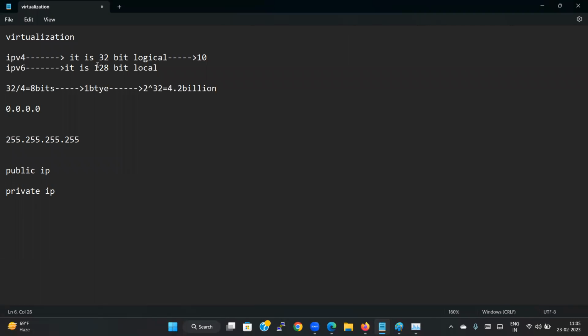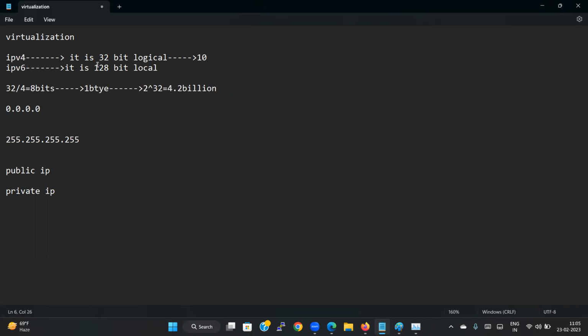Somewhere like 1200 crores of IPs are required, but the IPs generated are only 400 crores. To overcome this scarcity, IANA decided, okay, fine, I will provide some private IPs. You can use the private IPs within your organization, where you might have some 1,000 computers, or 100 computers, or even 1 lakh computers.